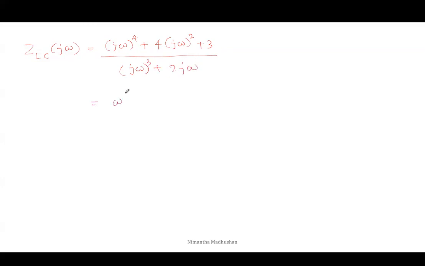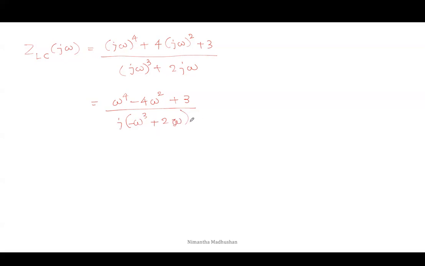Then omega 4 minus 4 omega squared plus 3 over j times omega cubed minus omega cubed plus 2 omega.